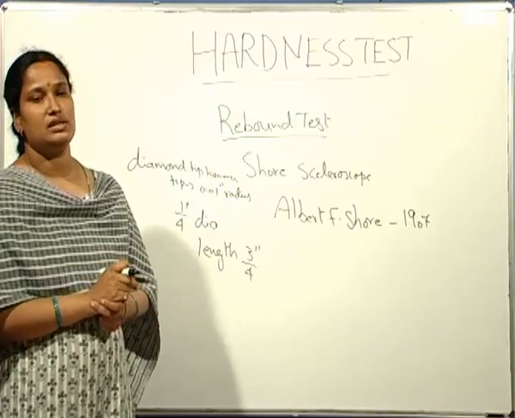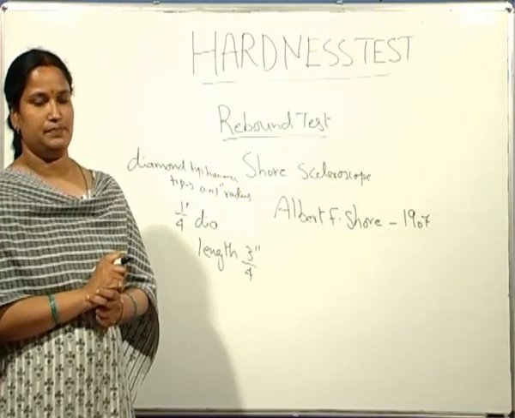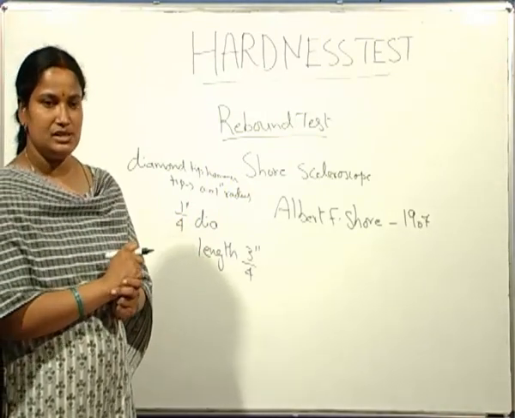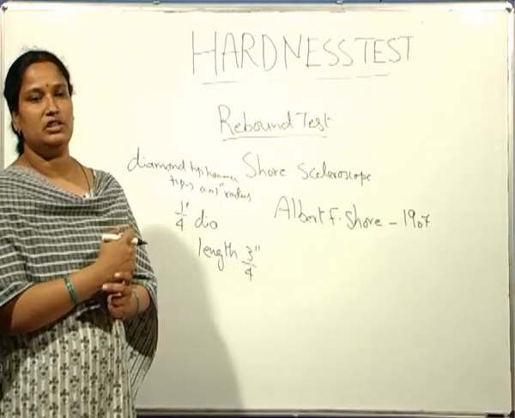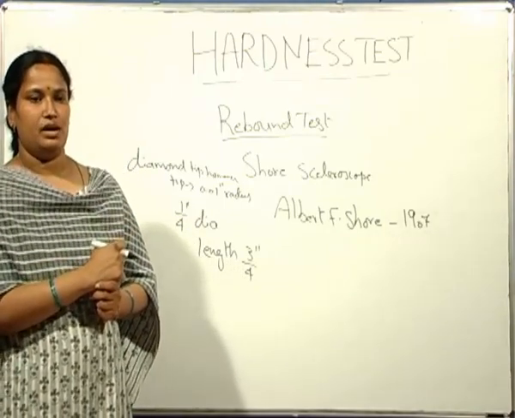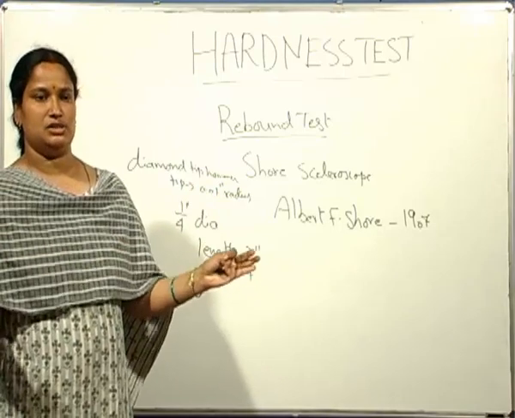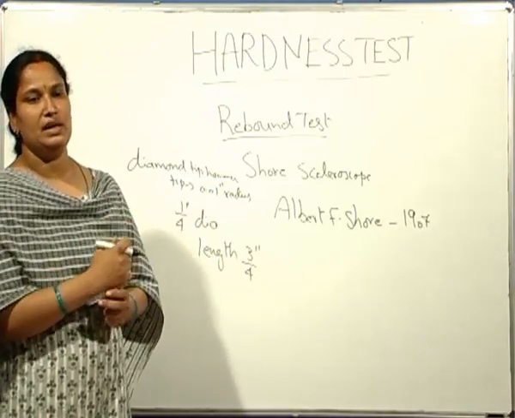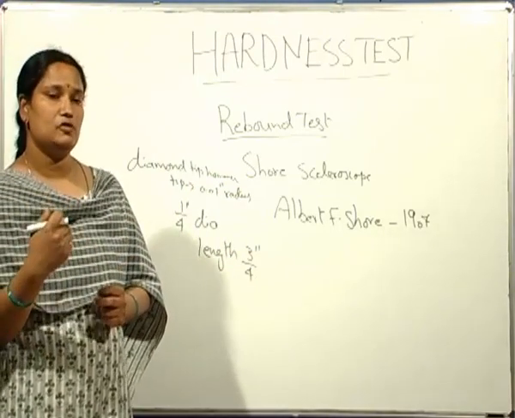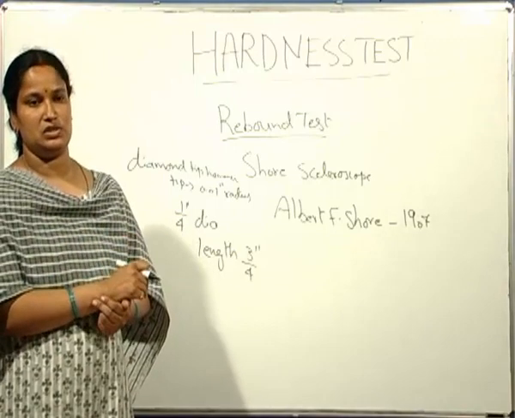One uses this Shore scleroscope test because this is a very rapid way of determining the hardness, and even for very large size specimens this can be used, and for a number of specimens also it can be used.